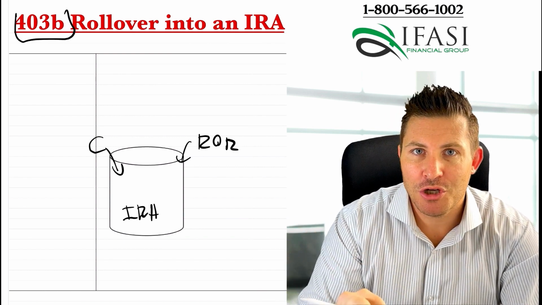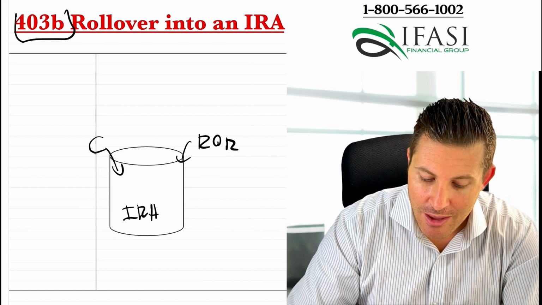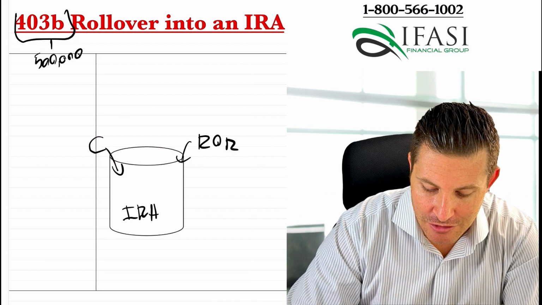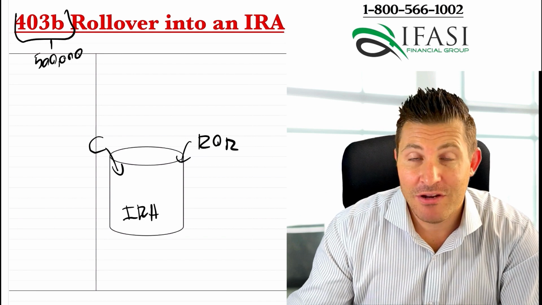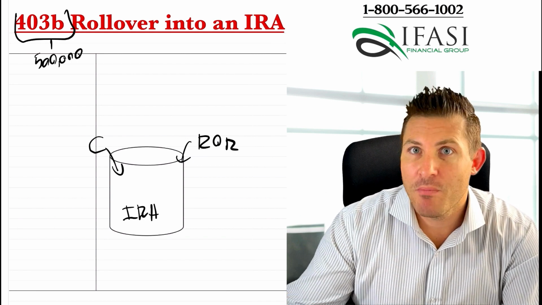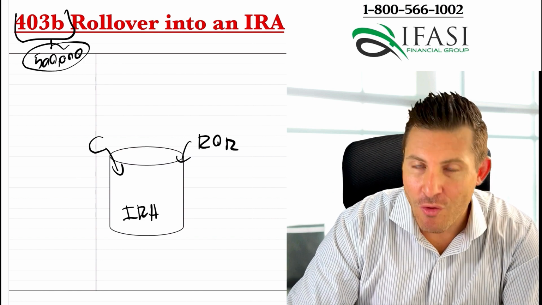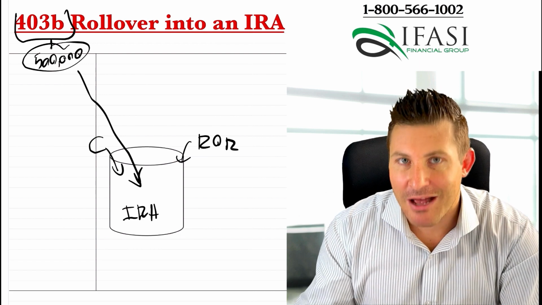Also, a contribution is not the same as a rollover or a transfer. And what I mean by that is, let's say you have a 403b account that's sitting at $500,000. And I said with a traditional IRA, the most that you could contribute in a given year is, let's say if you're above the age of 50, $7,500. You could do a full $500,000 rollover into an IRA because it's a rollover. It's not a contribution.